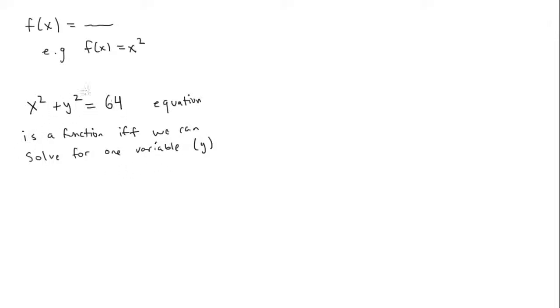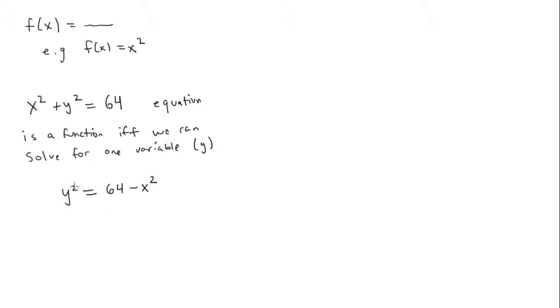Okay, so let's take this equation and think of, can we solve this for y in terms of x? And so if we tried to do that, what would we see? The first thing we would want to do is move the x squared over to the right-hand side. And so we'd have y squared is 64 minus x squared.